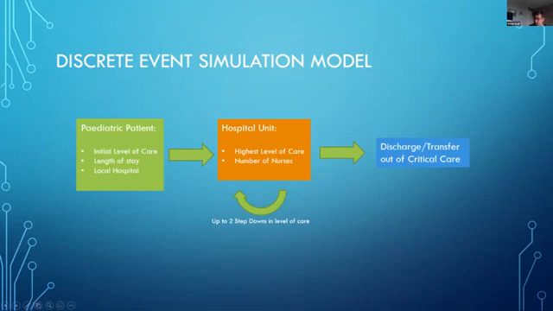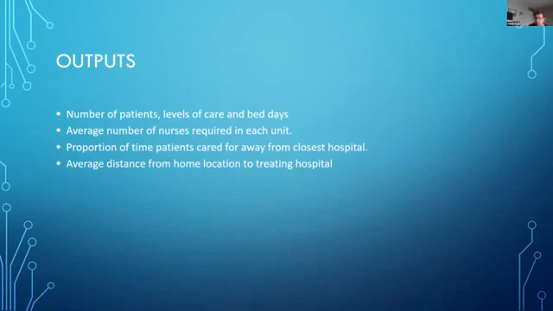So in terms of scenario testing, this highest level of care assigned to the hospital units in the southwest can be changed in the simulation modelling, and once you change it, you can then run the model and see whether the level 2 unit that you've assigned generates better outputs.